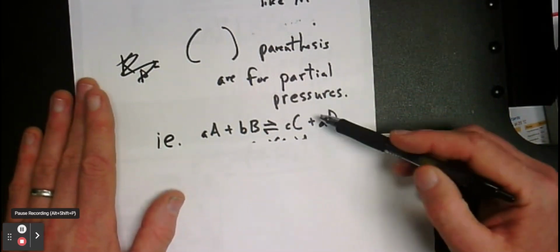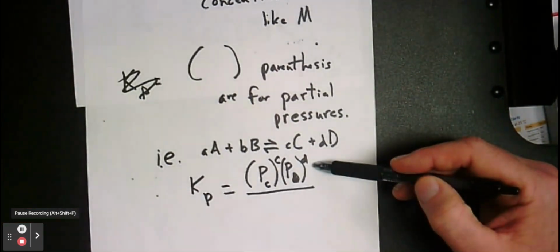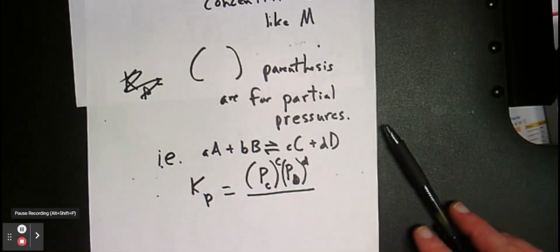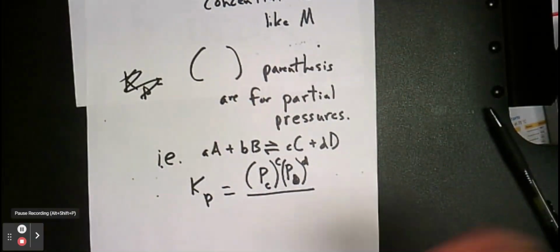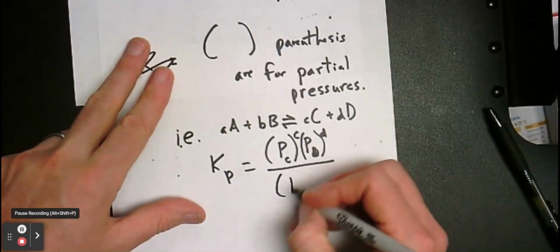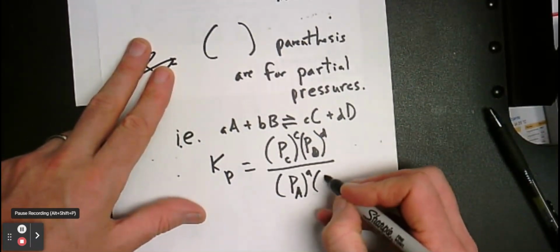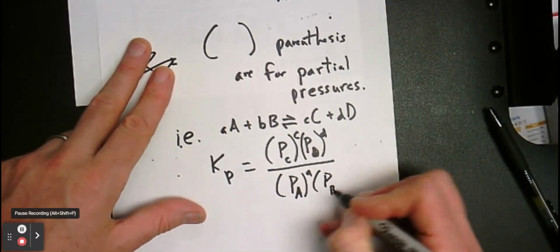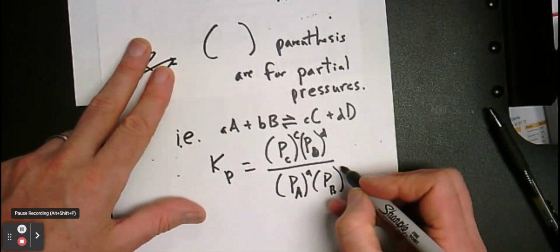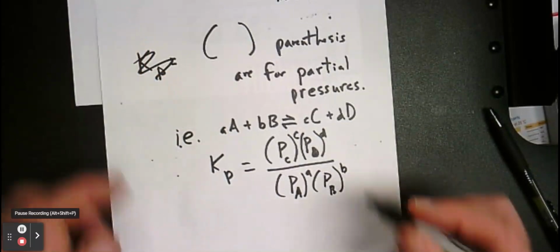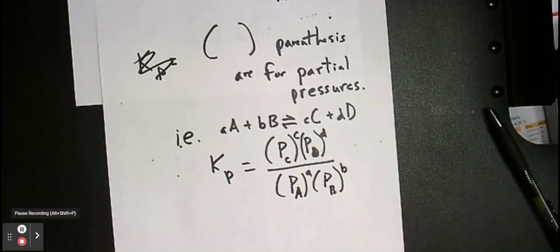These two go on the top, and then the other two would go on the bottom. So it's the partial pressure of A raised to the coefficient of A times the partial pressure of B raised to the coefficient of B.